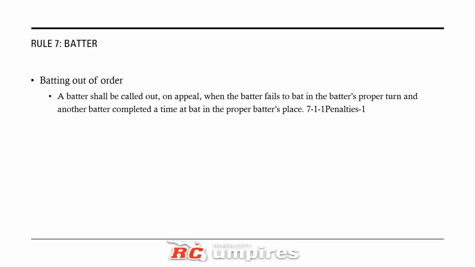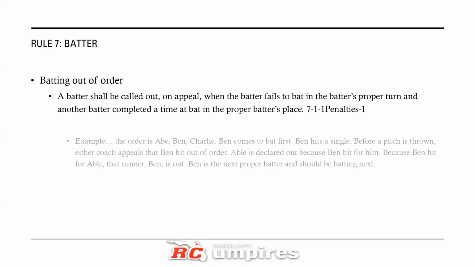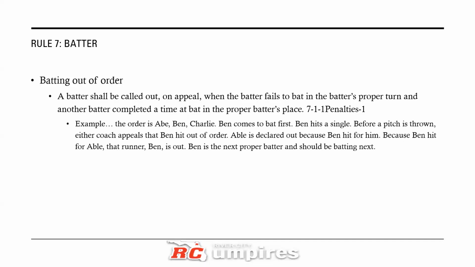What that means is if somebody is supposed to bat in a spot, somebody else bats for them, completes that at bat, and it's properly appealed, that batter is out. So here's an example. The order is Abe, Ben, then Charlie. I tried to make it simple, right?